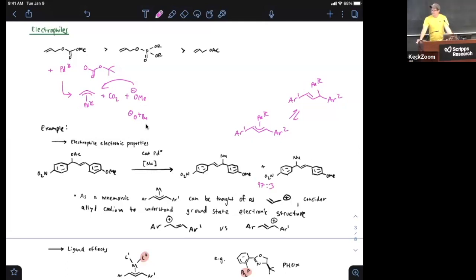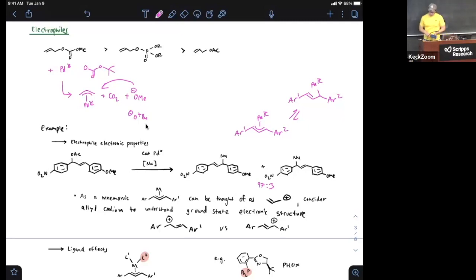Got it. Now you invoked product stability, but we would assume that probably this is not all in equilibrium. So maybe you're thinking the transition state is more stable for the product that also happens to be more stable. The product's more stable because it has a more extended conjugated pi system.